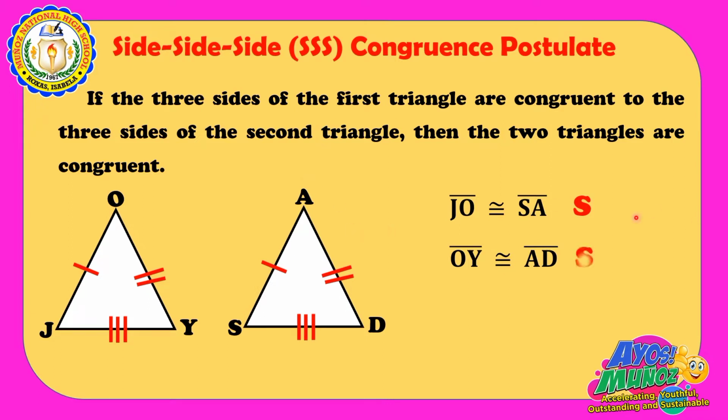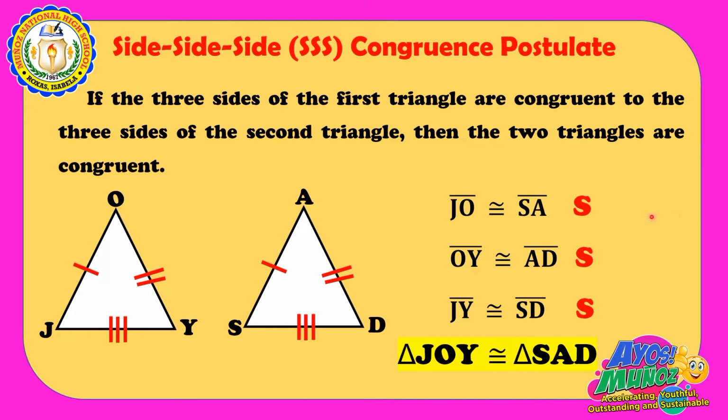And the last one, we have line JY congruent to line SB, or line YJ congruent to line BS. Therefore, if the three sides of the first triangle are congruent to the three sides of the second triangle, then triangle JOY is congruent to triangle SAB.